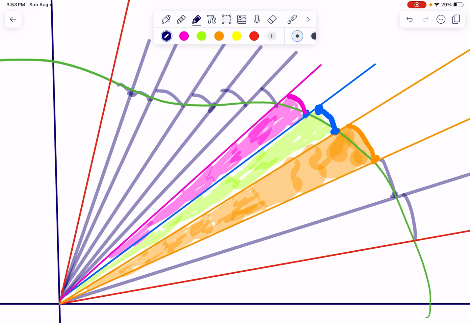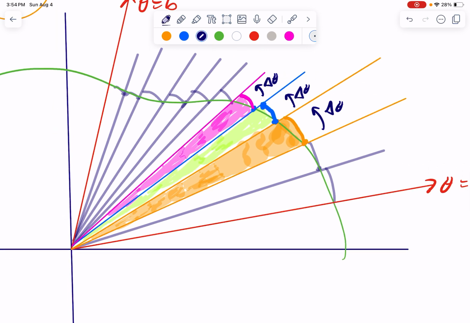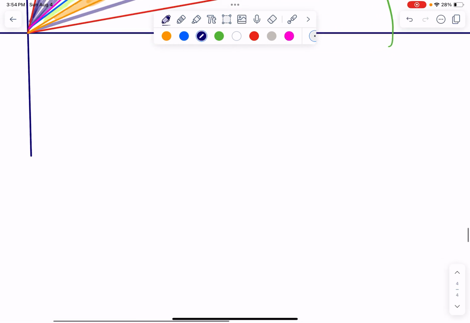If I took the combined area of all of these sectors, it would be similar to the area I'm trying to find. Obviously not perfect, but if I had a bunch of them, it would be pretty close. Now let's just imagine here that this is change in theta, this is change in theta, this is change in theta. Let's imagine it's always the same. All right, so now let's think about how do we actually find the area of a sector?